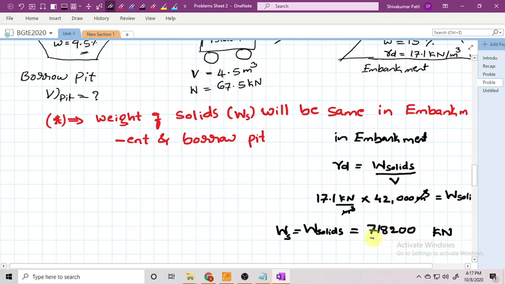This is the weight of solids. So the same weight of solids will also be present in the borrow pit. See this sentence.